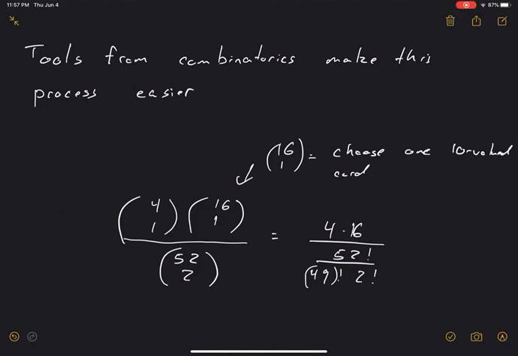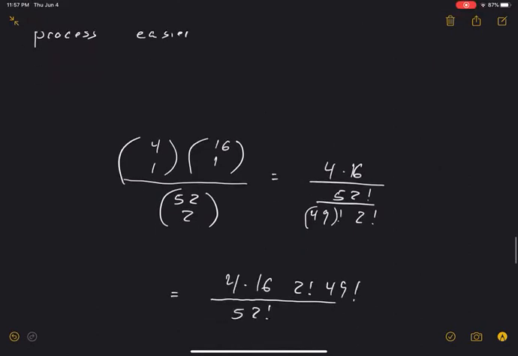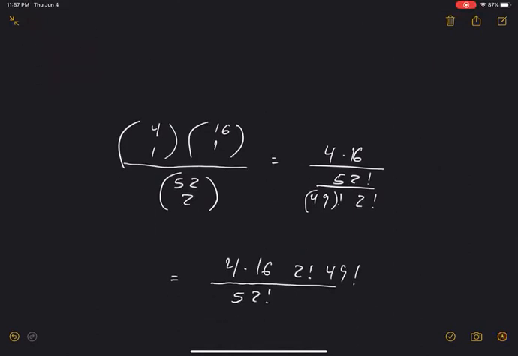There are 16 different ways to choose one of those cards. And then there's 52 choose 2 total 2 card combinations.